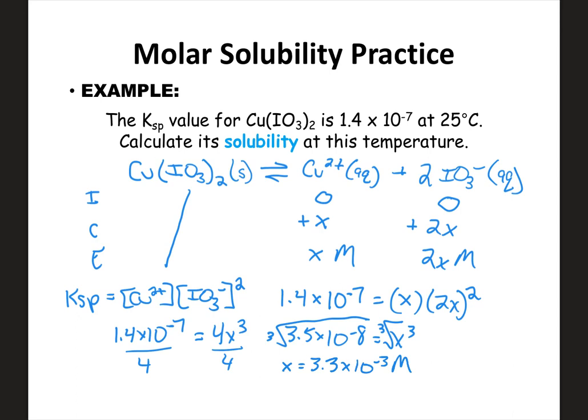And because the molar solubility is x in these problems, I know the solubility of the original compound. So this value here would be the concentration of my Cu(IO3)2. All right, this is my molar solubility. This would also be the concentration of my Cu2+, because that's X, but 2 times this value would be the concentration of my IO3 minus. So that's how you go about solving a problem using ice tables and equilibrium concepts for a molar solubility type problem.